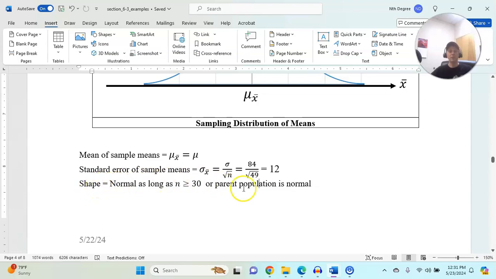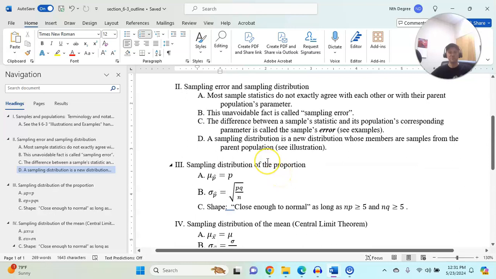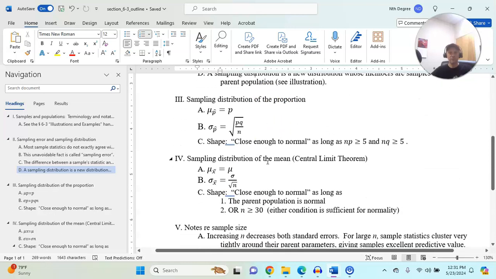And this property is called the central limit theorem. As I've indicated on my lecture notes, the lecture outline, the central limit theorem says the mean of the means is the mean. The standard error is sigma over the square root of n. We just calculated that.